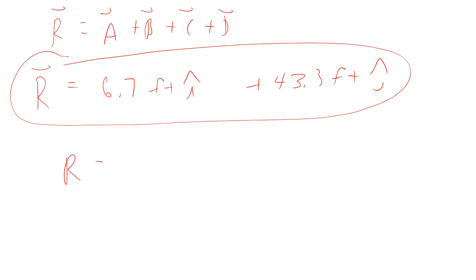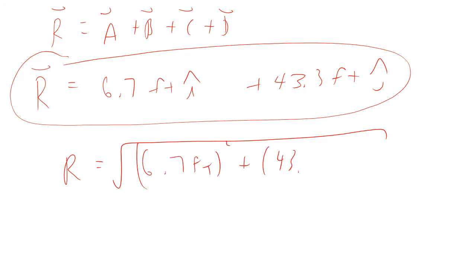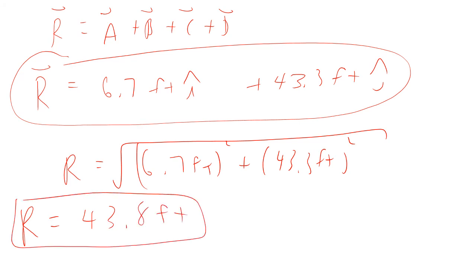So R would be the square root of 6.7 feet squared plus 43.3 feet squared. Okay, so that would be 43.8 feet. So you're going to have 43.8 feet.